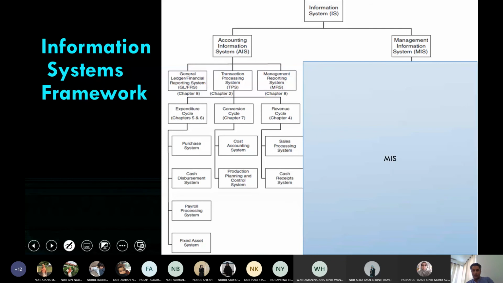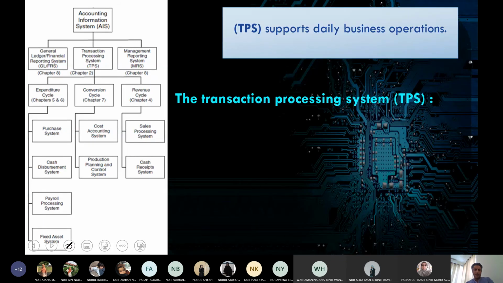Here we can see that the TPS, the middle system, is supporting daily business operations.